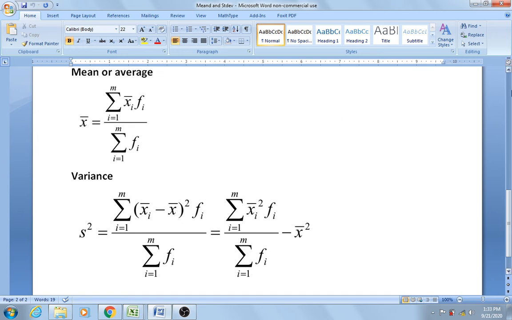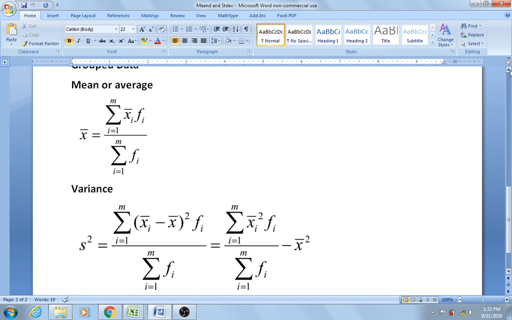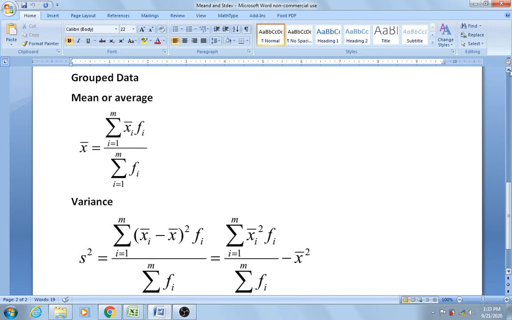And when we group the data in the form of a histogram, the formula to calculate the variance for the sample or for the population is all the same.